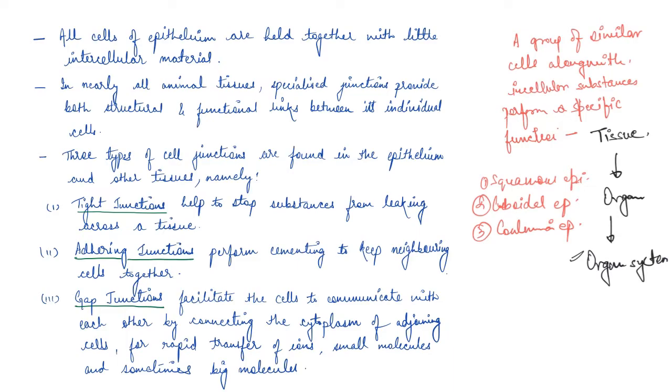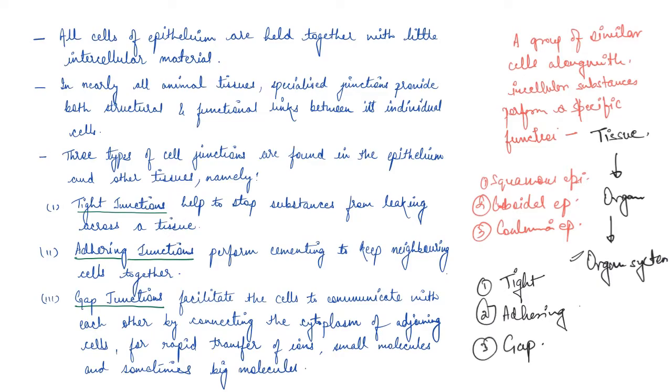Now, there can be three types of junctions which are found in epithelium and other tissues. What are these junctions? The first junction is tight junction. The second junction is adhering junction. And the third junction is gap junction.